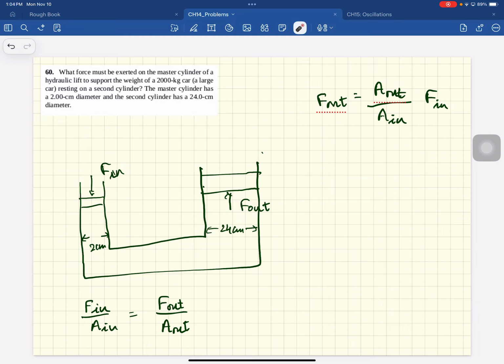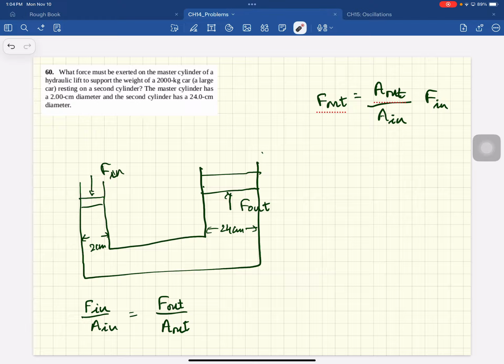So it's a simple calculation. The diameter is 12 times the input diameter. Area is proportional to the diameter squared. So the output force will be 144 times the input force. So here's a force multiplier. It multiplies your input force by a factor of 144.